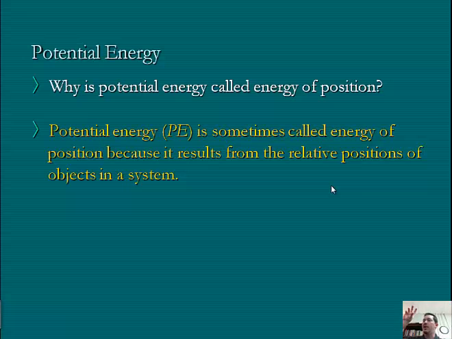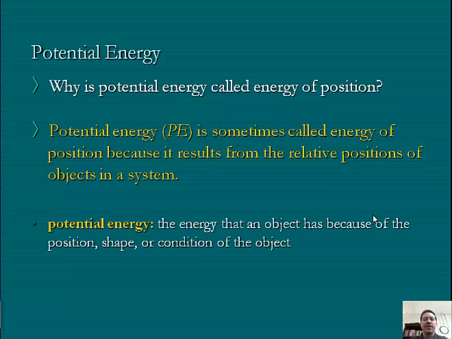So the higher I hold an object, the more potential energy it has with reference to the floor. So if I hold it lower, then it's got less potential energy in reference to the floor when it falls. We can also have potential energy between atoms. The closer they are together, the more potential they have of interacting and causing chemical reactions to occur.